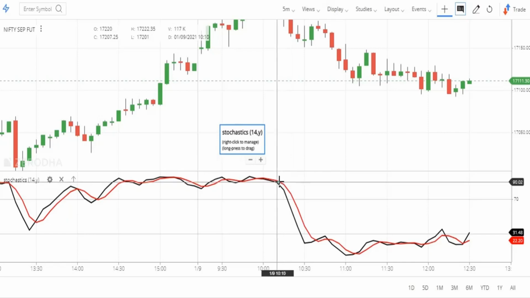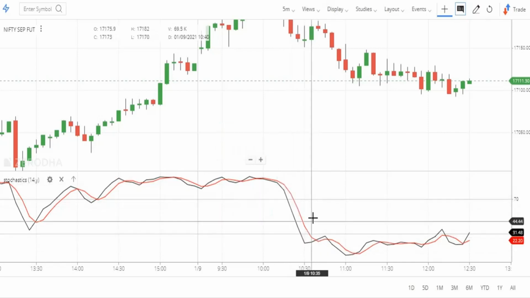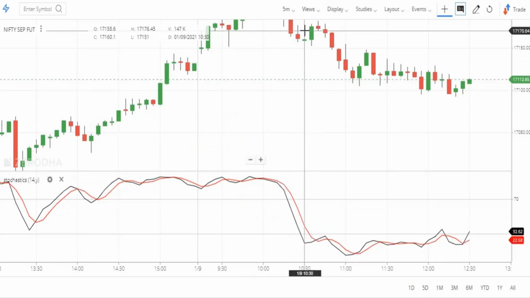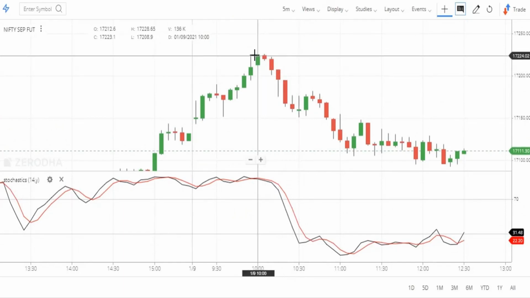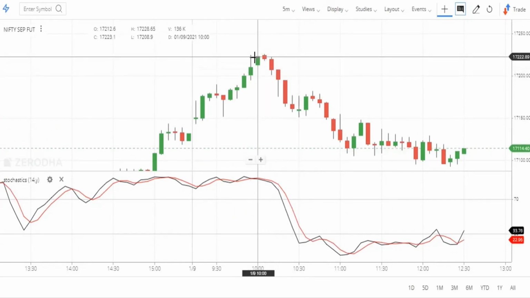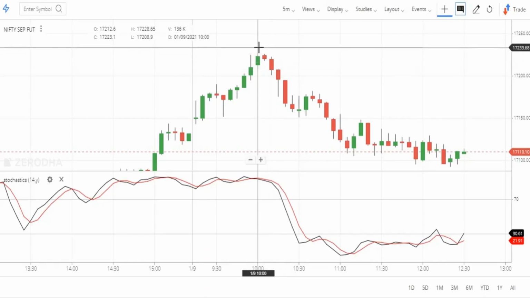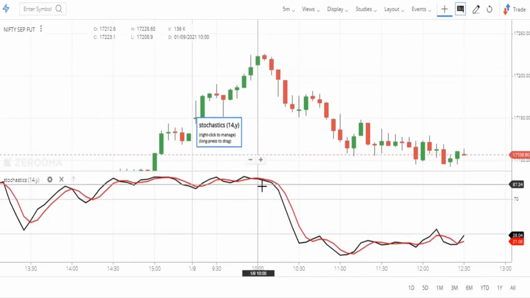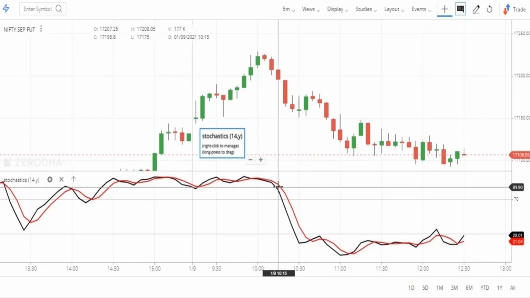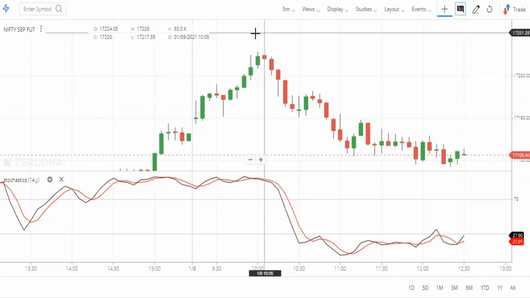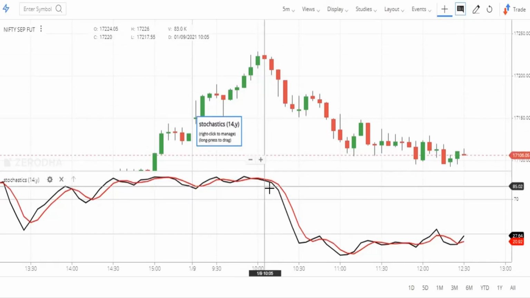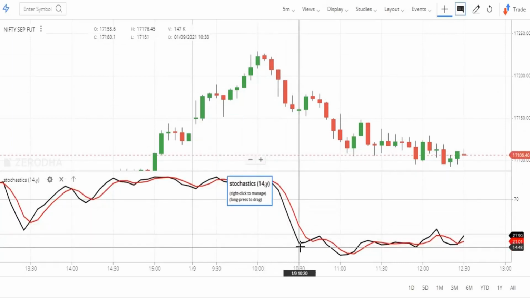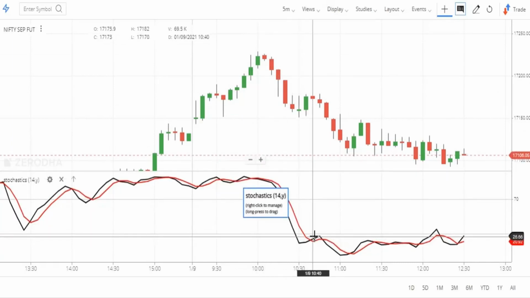This was the only signal it gave today which actually worked out. We saw this reversal pattern, and it was a major reversal because RSI was overbought, we got this pattern over here, and then the stochastics also told that it might fall down. It was a major reversal point.